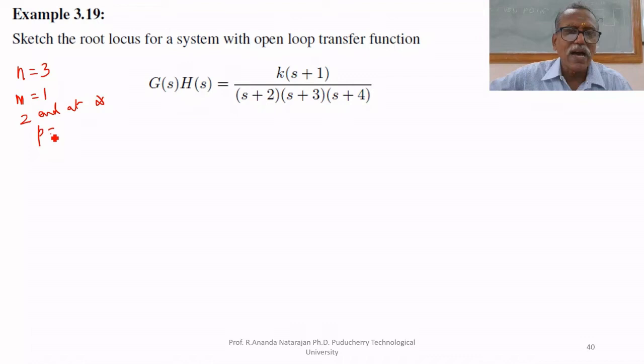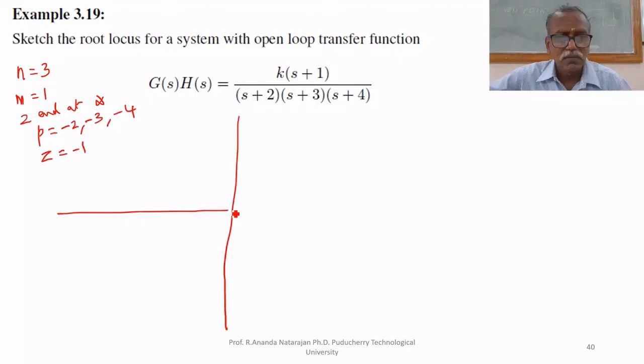Now we have to draw the root locus. On the graph sheet, take only one column on the right hand side, because root locus normally won't be on the right hand side. If it is there, you take. Otherwise, you can shift the y-axis, not in the middle, to the rightmost.